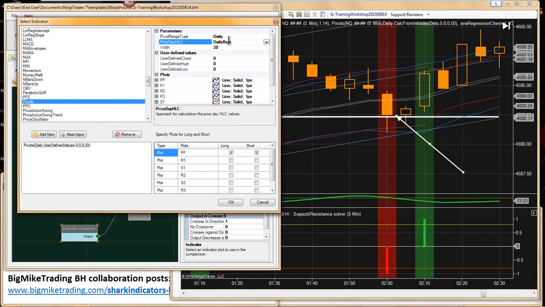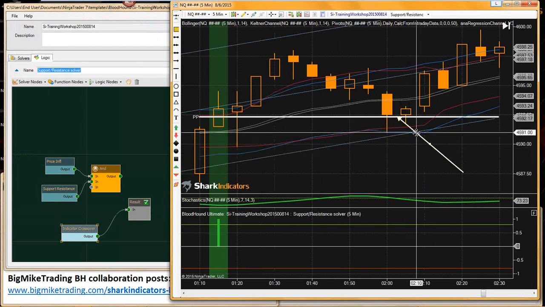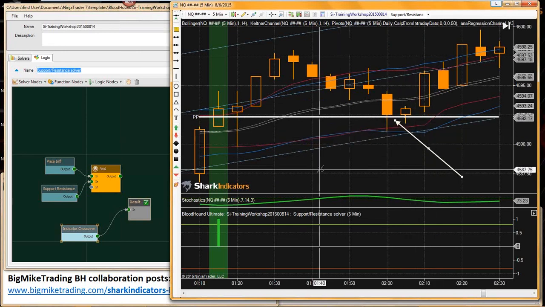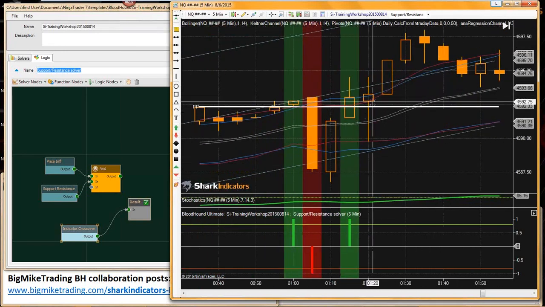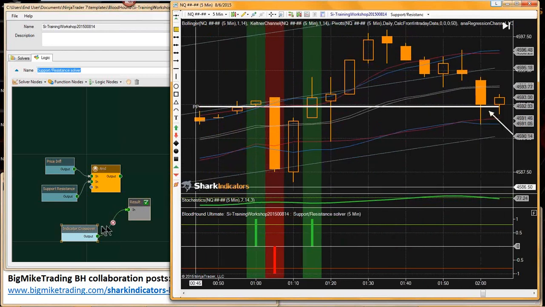I need to set up the indicator correctly. Let's put it on intraday data. The white line is the pivot point, so we have that selected. That looks good. And now with the crossover, it's more appropriate because that was not a crossover. But now we do have the crossovers like so.